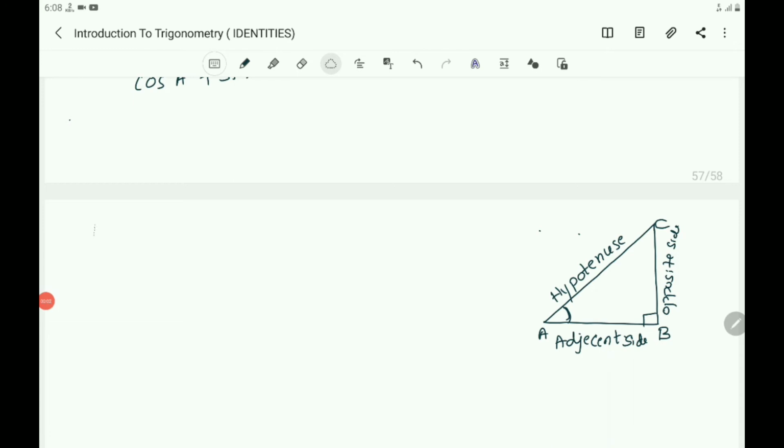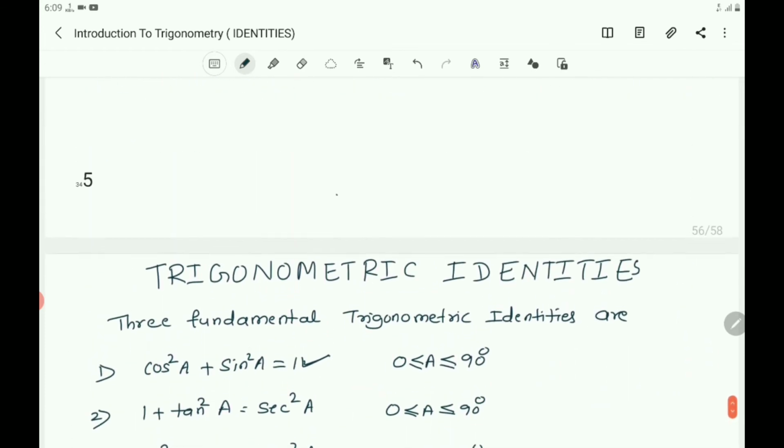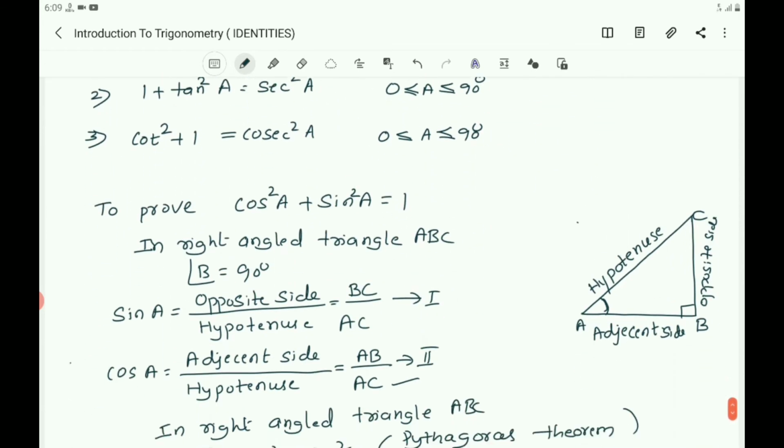Then to prove the second identity, 1 plus tan square A equals secant square A, that you have to prove here.